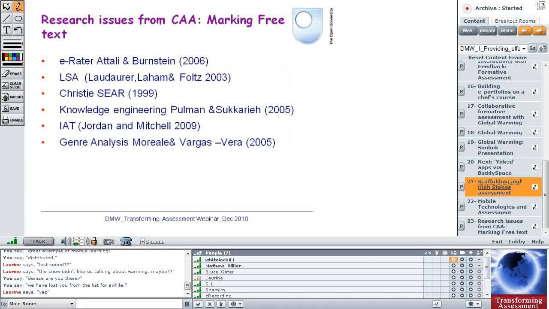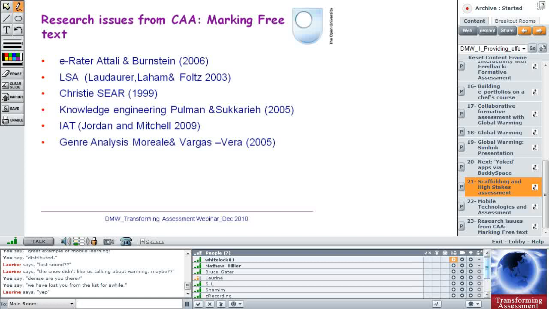But if we're going to give automated feedback, then we've got to have some form of automating the marking of whatever answer has gone into the system. And free text entry is something that's on my mind at the moment, and it's really going to push us and move us forward if we can come to terms with this. Now, we've got a background in this, and a lot of people are working in this area.